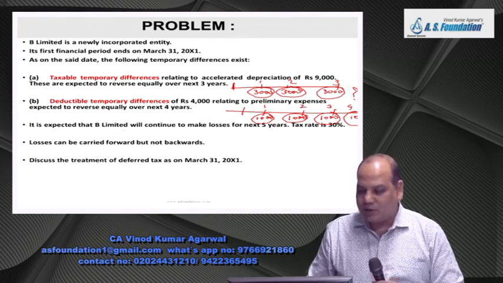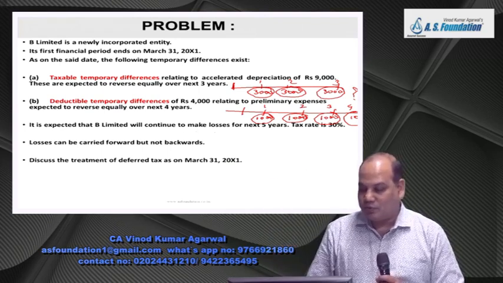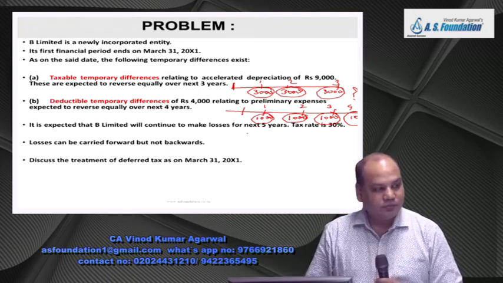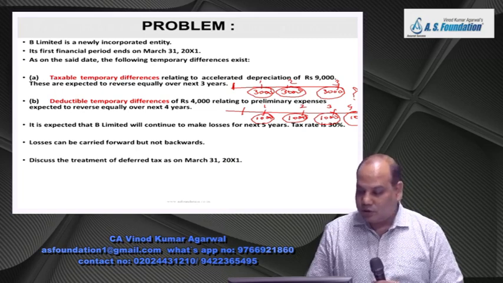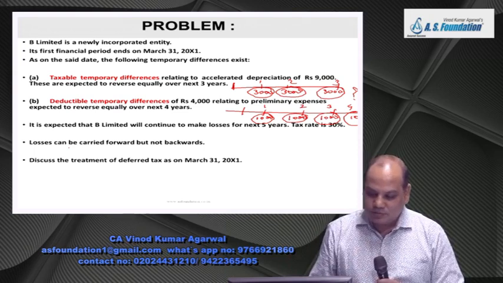It is expected that B Limited will continue to make losses for the next 5 years. So there is no future taxable profit. The only way you can adjust this reversal of DTA is if there is a reversal of DTL. Tax rate is 30%. Losses can be carried forward but not backward.